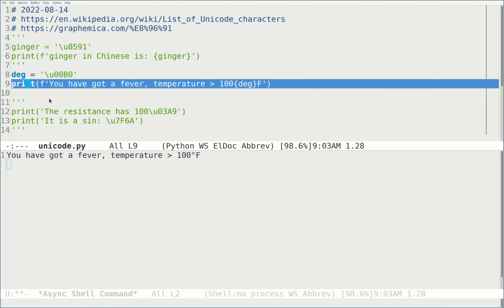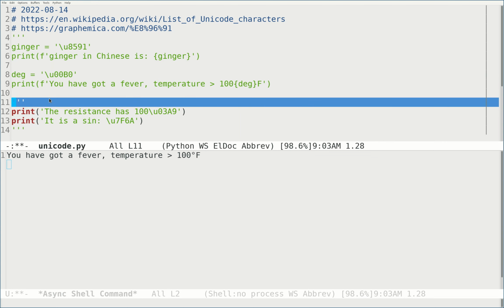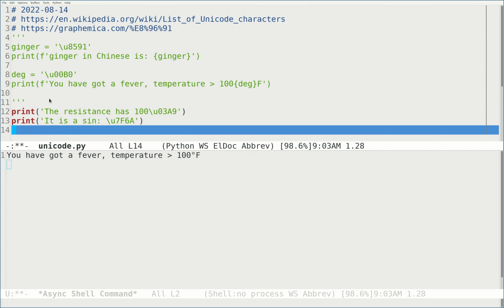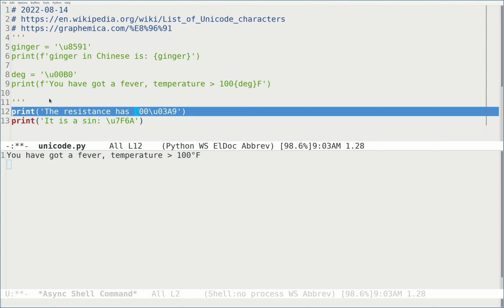Okay, maybe you also need, if you're an electrical engineer, you may print a lot of ohms, how many ohm resistance, and you can find out on the website what the ohm symbol is, and I found it like that.